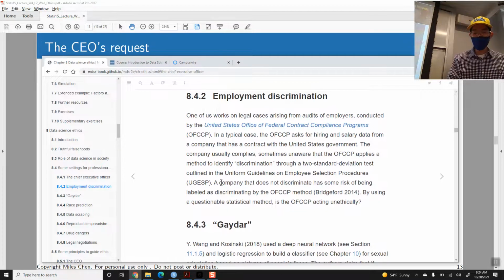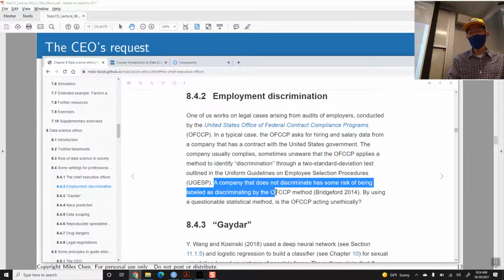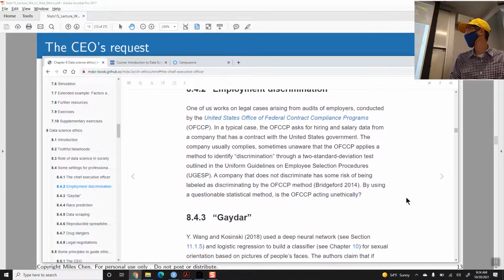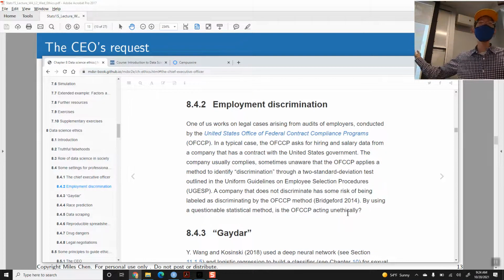Sometimes a company that does not discriminate still has some risk of being labeled as discriminatory. The authors ask, by using a questionable statistical method, is this office acting unethically? Sometimes people use statistics in a poor way that could have negative consequences. What do we do in situations like that?